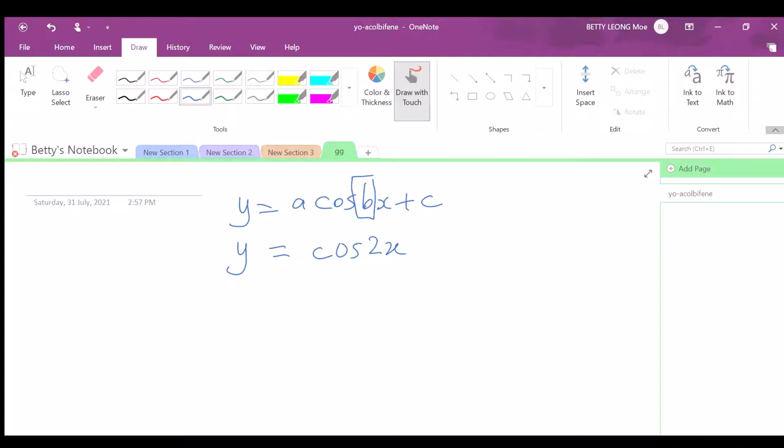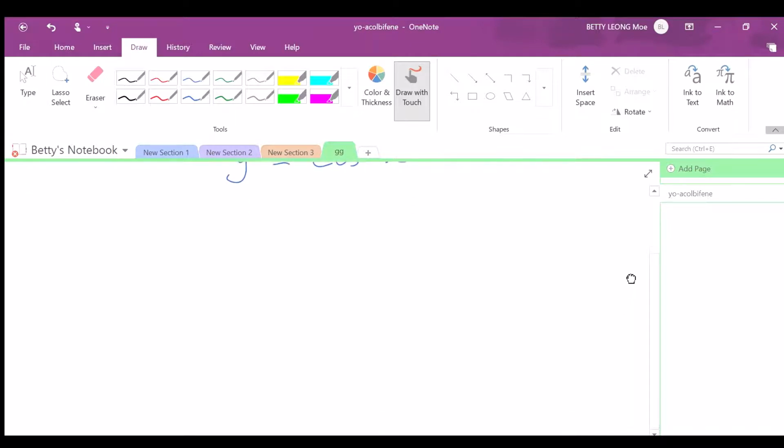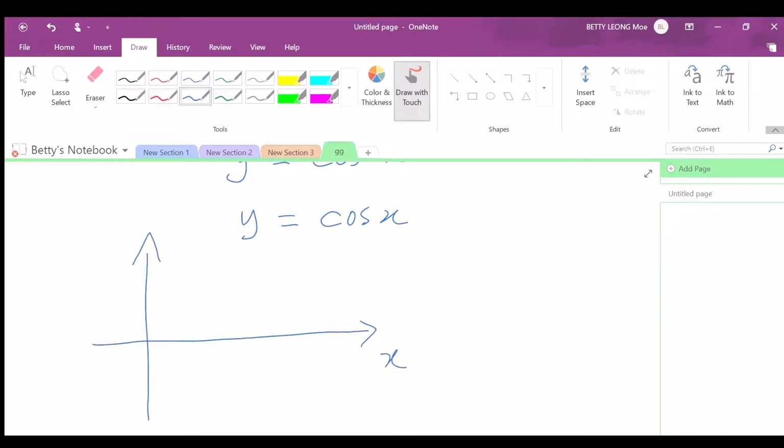So first we will draw the basic graph first, cos x. This is your y-axis, this is your x. So 360 here, divide into 4 parts. This is 180, this is 90, this is 270.